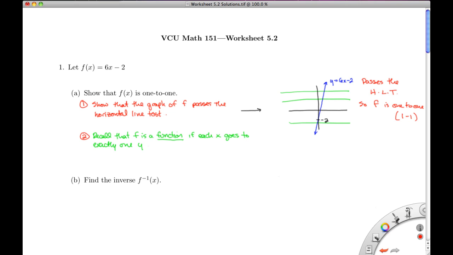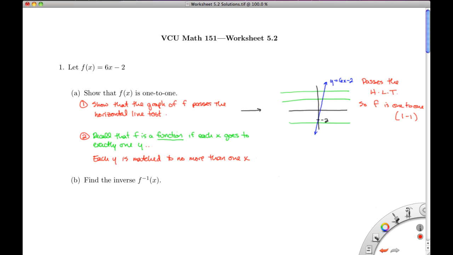So the way that we'll talk about it in this case is that it's going to be one-to-one if we can show that each y is matched to no more than 1 x.